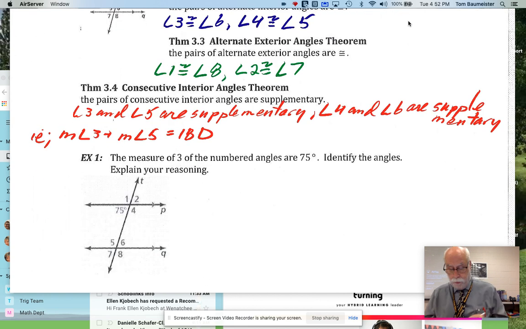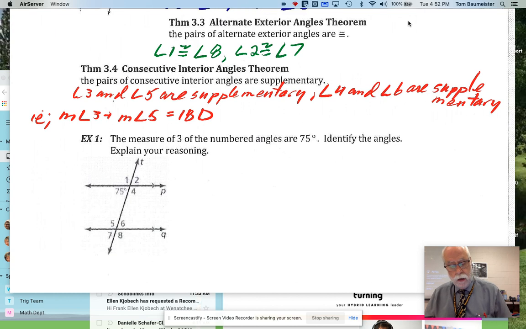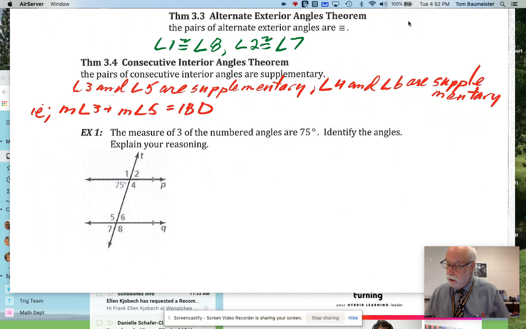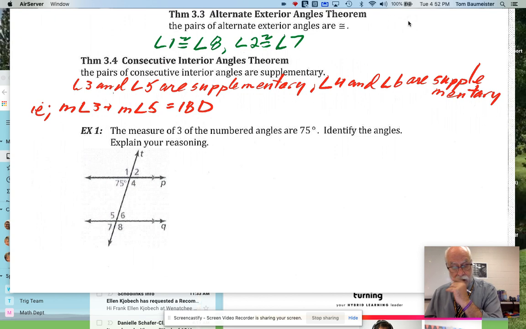All right, example 1. The measure of 3 of the numbered angles are 75 degrees. Identify the angles and explain your reasoning. So it's asking us which ones are 75 degrees.